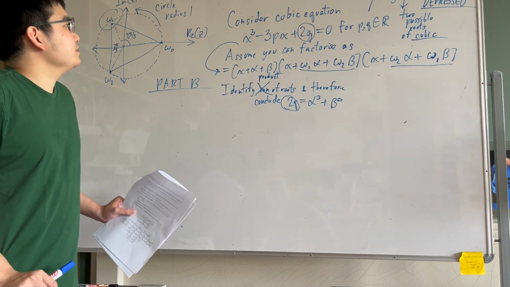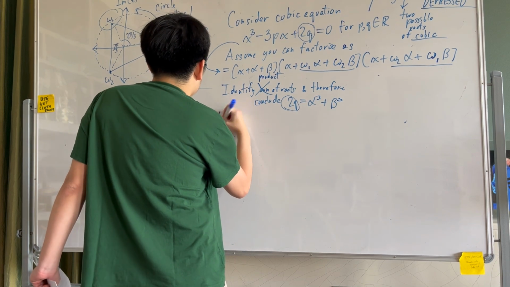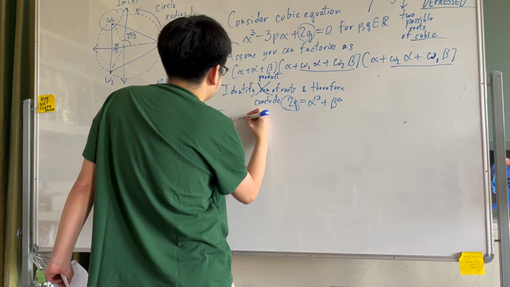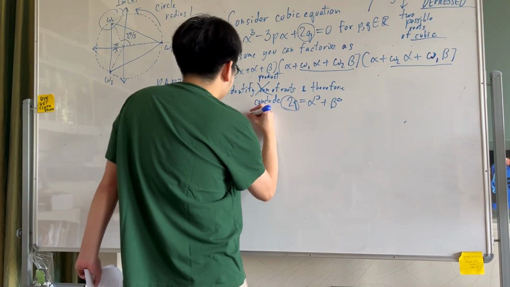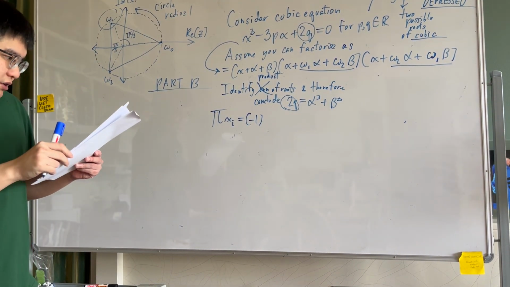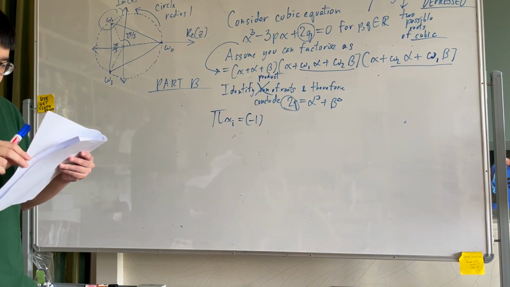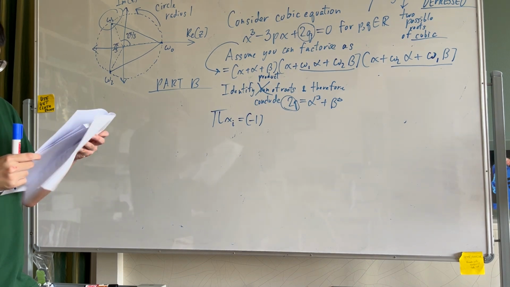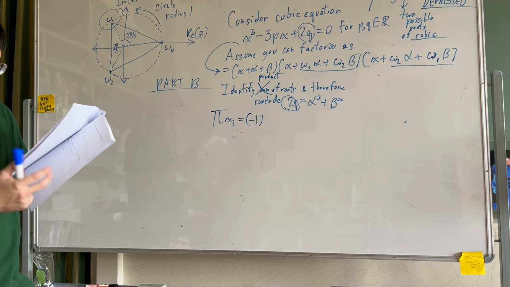So anyhow, the product of roots, and I'm going to use pi notation here, is defined by taking minus 1 and raising it to the degree of the polynomial, in this case 3. Let me check that I have that right here. There's a lot of careful bookkeeping I need to look at for this.